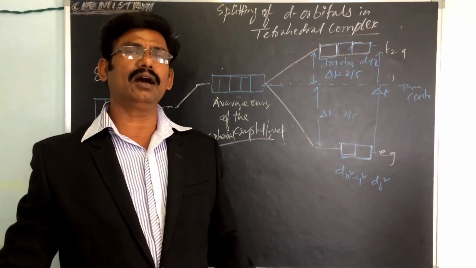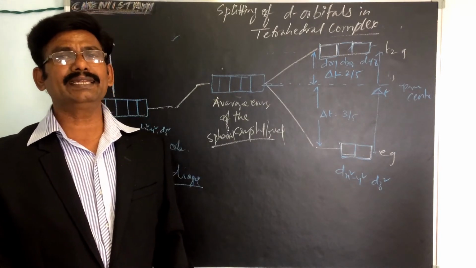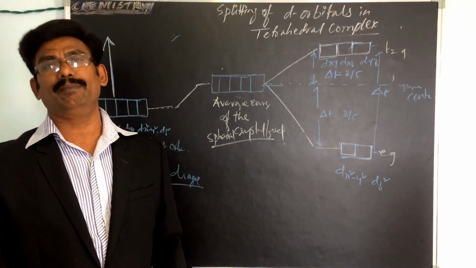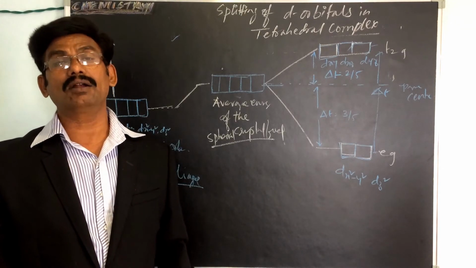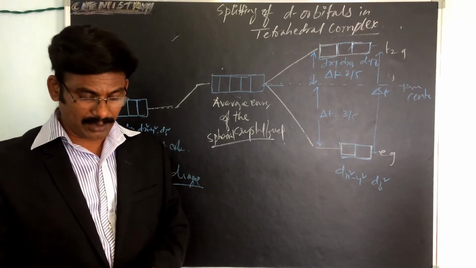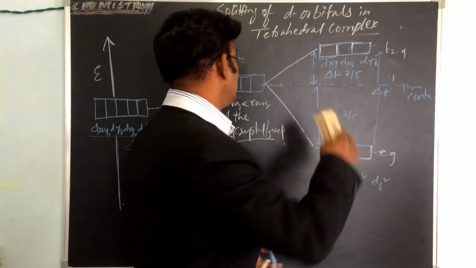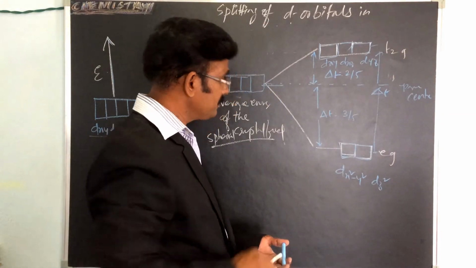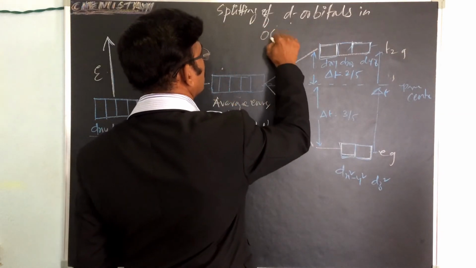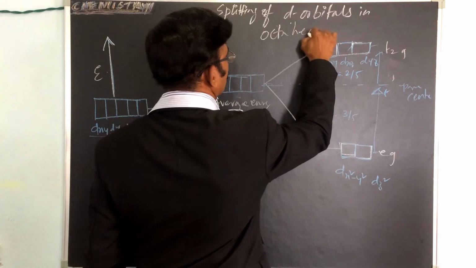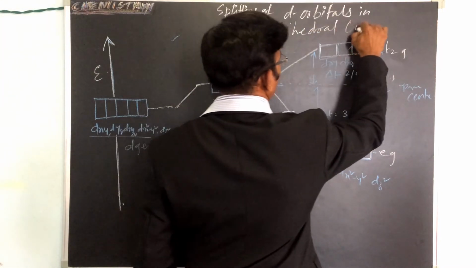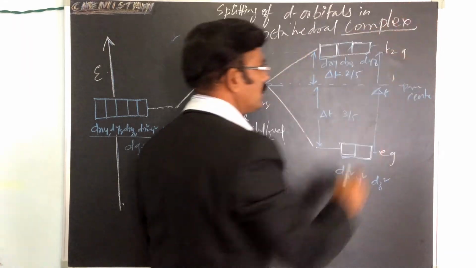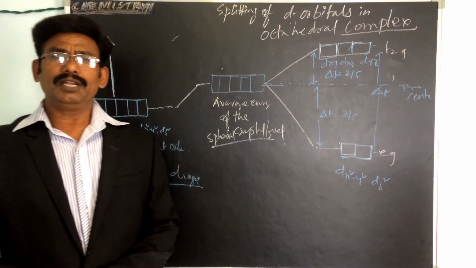Now we can look at the splitting of d orbitals in the octahedral complex. It's very easy.